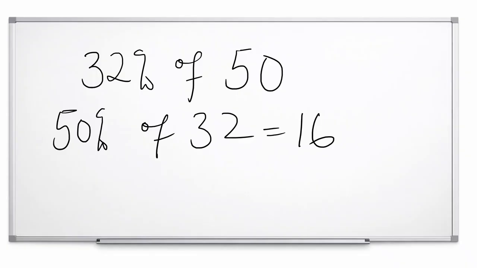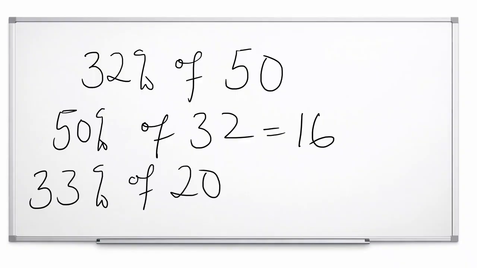Now, let me give another example here. If you have 33% of 20, this is equivalent to saying we have 20% of 33. Now, here, let me rewrite this.